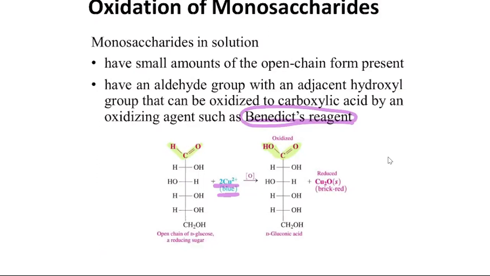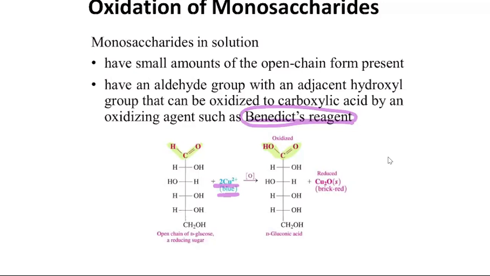I'm just giving you the reference so when you do your experiment, you won't be like, but why is the fructose able to do this reaction? Well, there's other chemistry involved, but whenever you have that aldehyde motif in the presence of Benedict's reagent, it can get oxidized to the carboxylic acid.